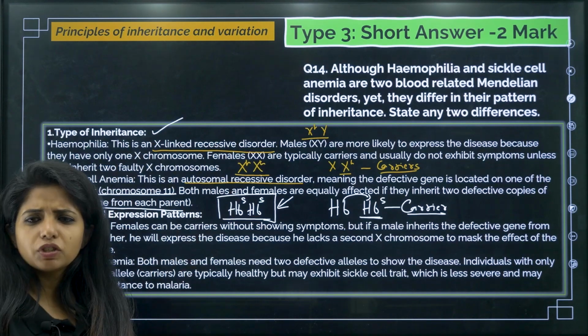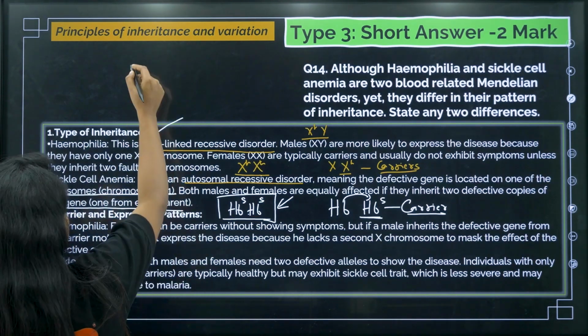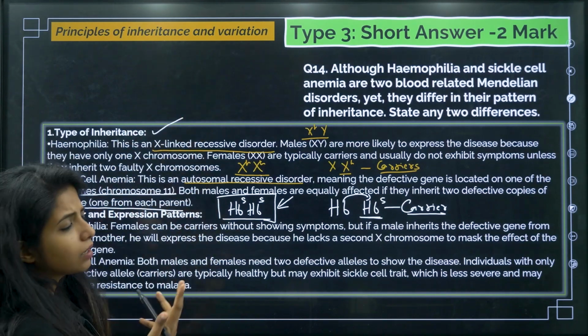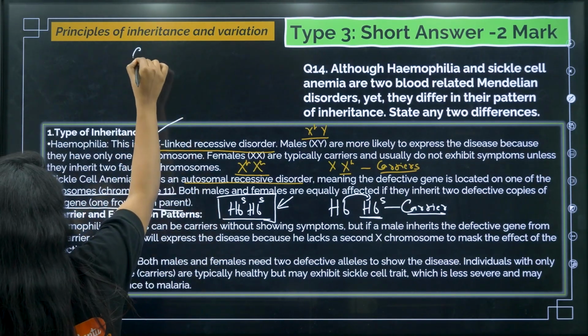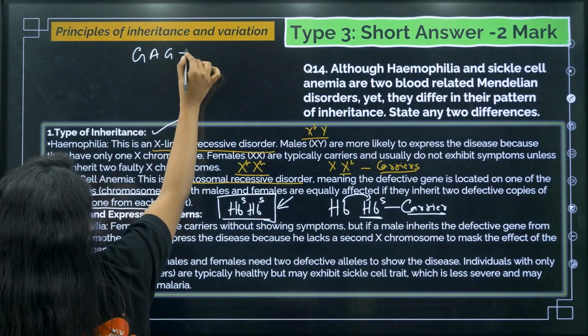Now I'll tell you one more thing which is given in your book regarding sickle cell anemia: how this particular globin chain is mutated. There is a codon GAG, and this GAG codes for glutamic acid.